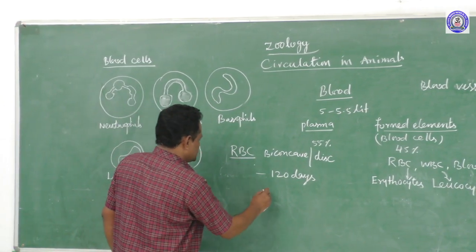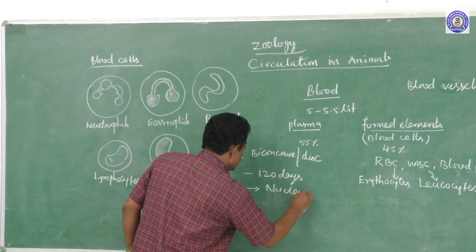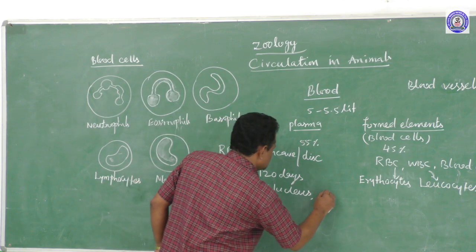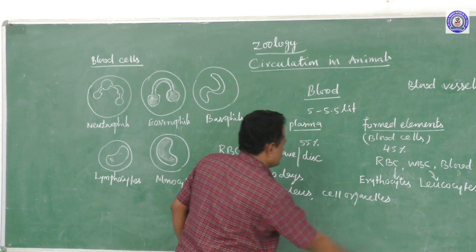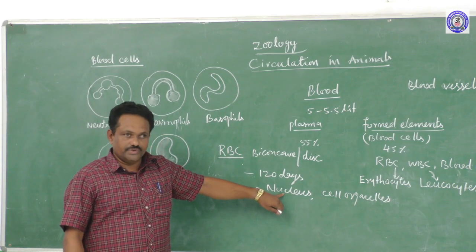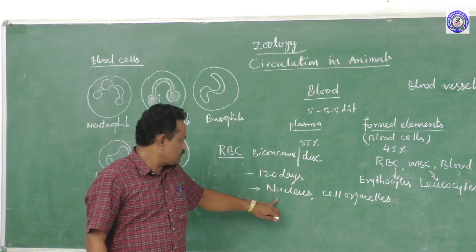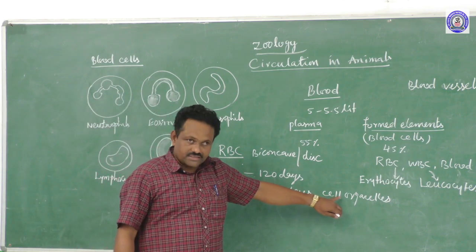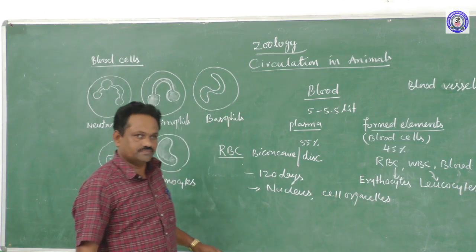The RBC cells lack nucleus and cell organelles. Actually, nucleus occupies the major portion in an animal cell. The other cell organelles present in the cell have different functions.